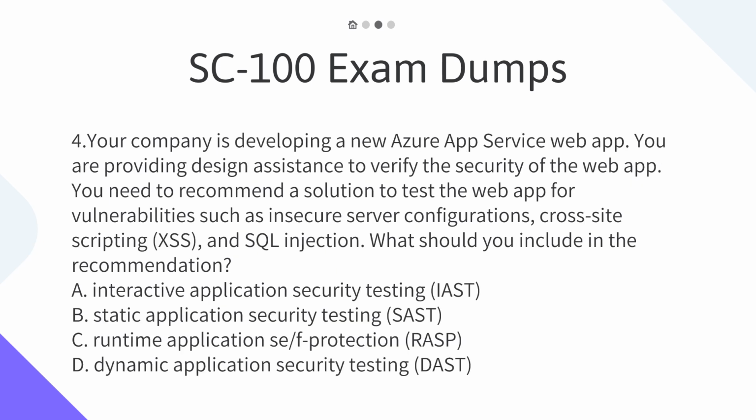4. Your company is developing a new Azure App Service web app. You are providing design assistance to verify the security of the web app. You need to recommend a solution to test the web app for vulnerabilities such as insecure server configurations, cross-site scripting, XSS, and SQL injection. What should you include in the recommendation?